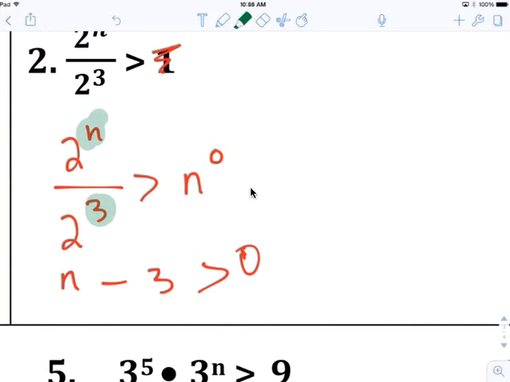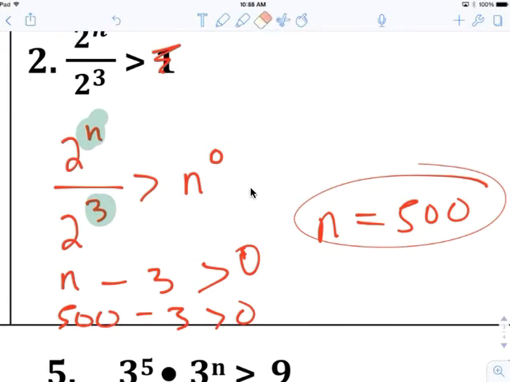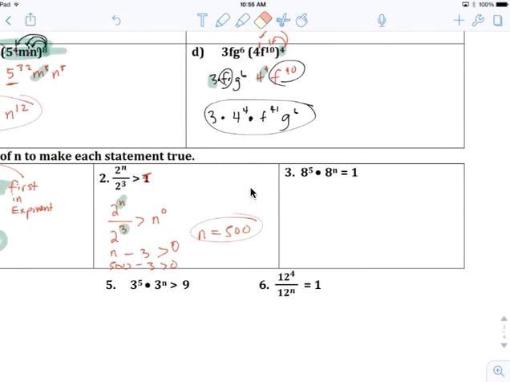What needs to be greater than 0? N can be 500. 500 minus 3 is greater than 0. So n is 500, whatever you choose. Okay? You can choose any number you want. You can choose 4. Most of you choose 4 or 5.